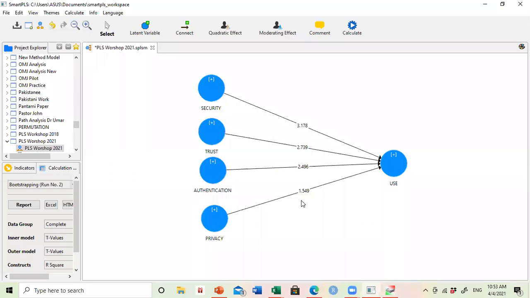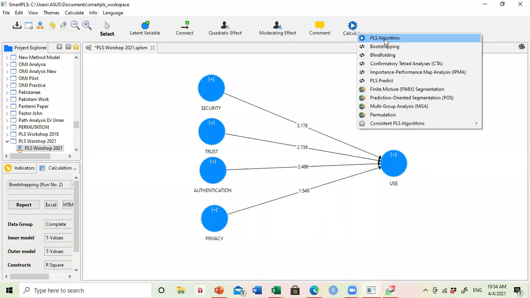Victor, if privacy is not significant, why is there a positive sign on it? No positive here. When you are in t value, no positive, no negative. They are all positive. It is in the part coefficient that you have positive or negative.